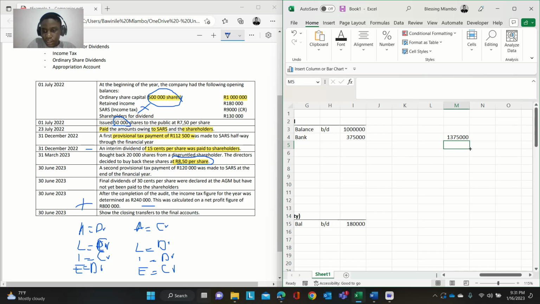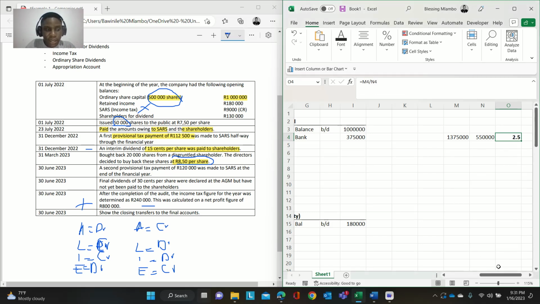This is the total value of the 550,000 shares on the date. So you take the total value of the shares on the date of buyback, divide it by the number of shares, and then you get the average price per share, which is 250. So let's walk through that again.